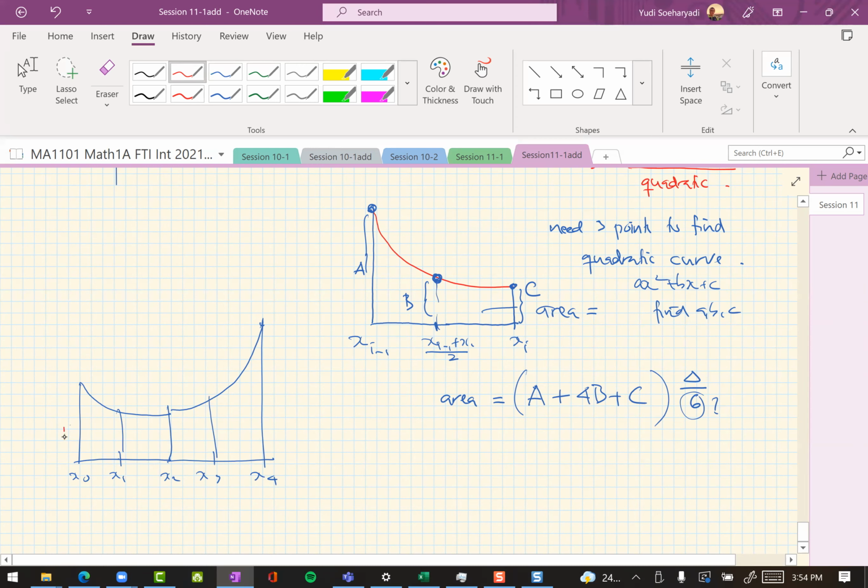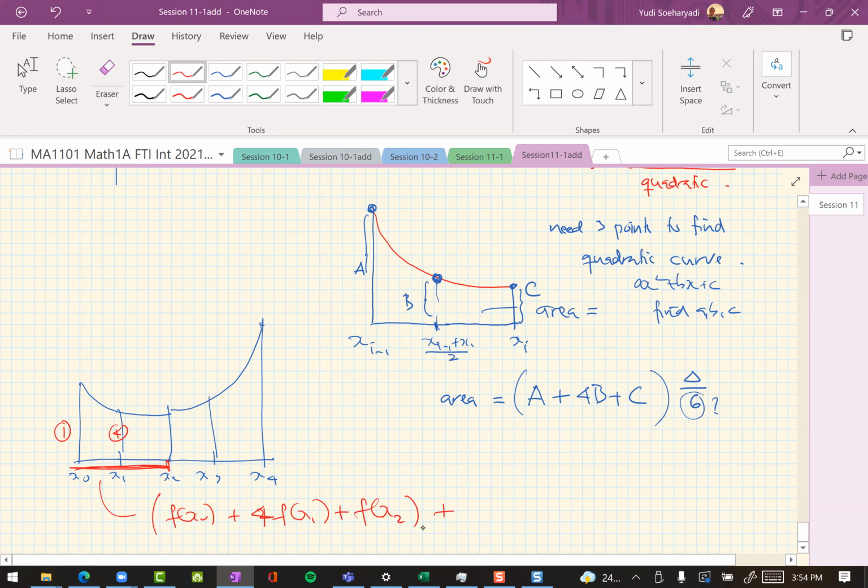We will need one of this, four of this. For this one, it's plus 4 fx1 plus fx2, right?